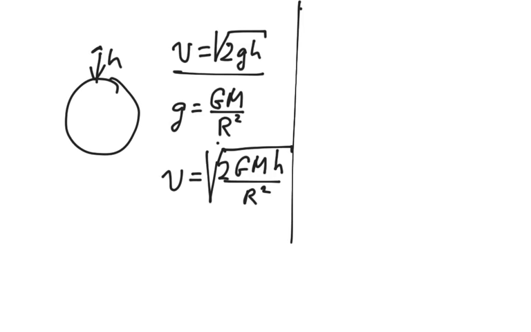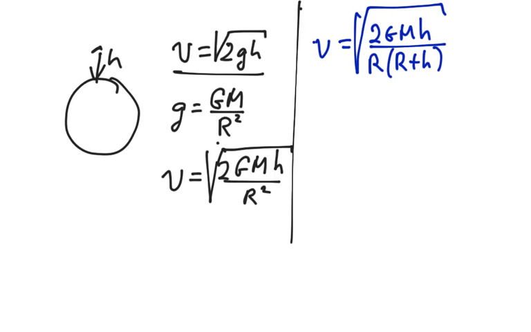Well, in this result, we got, instead, that the velocity is equal to 2GMh over the radius times the radius plus h, all that, square root. So there's not a whole lot of difference. The difference here is that we've replaced, more accurately, R plus h for one of the R's originally in our approximation before.